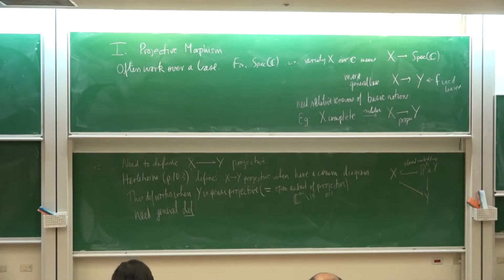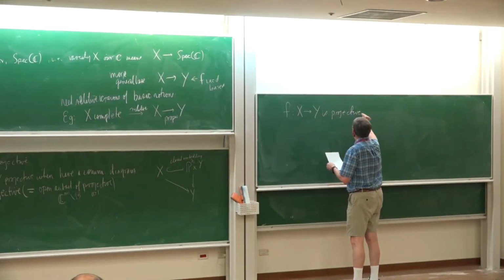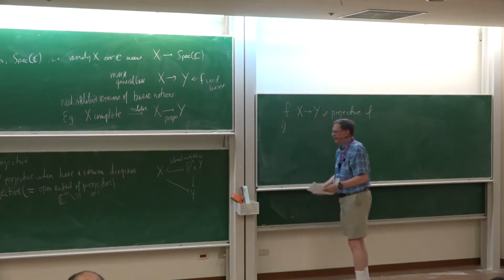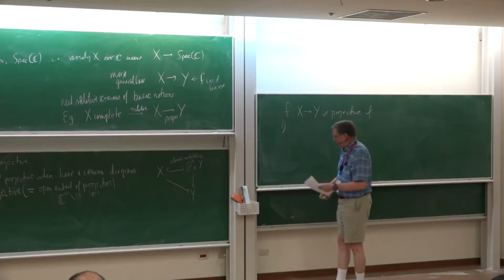There's a local aspect and a global aspect to being a projective variety. So the local aspect is that locally it looks like that.